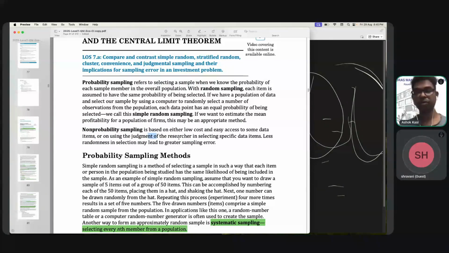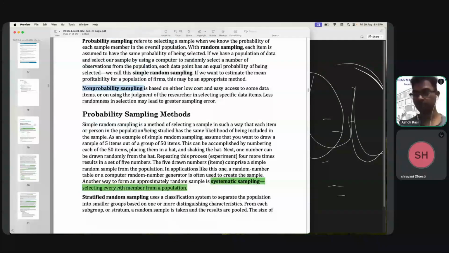Now where will you take this survey from? Ideally, you should go to different parts of the city. But what will you do? You will just ask your friends what time they are getting up, and that is your survey. Survey is done. That is called non-probability sampling. There is no probability involved here, right? You have done it based on your convenience. We will see some more examples of that.